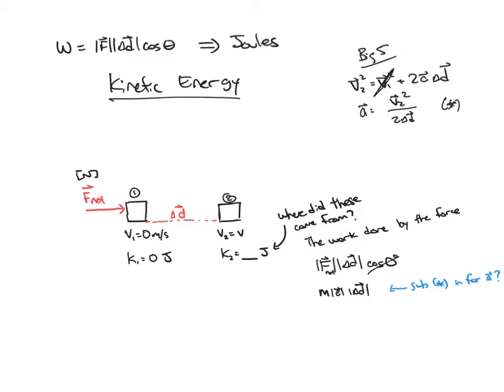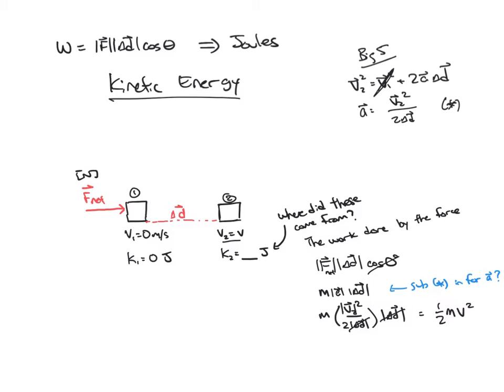Then the expression becomes m times v2 squared over, we're doing magnitudes here, 2 times displacement, and then times the displacement. So in this expression, the displacements cancel out, and we are actually left with half mv squared.